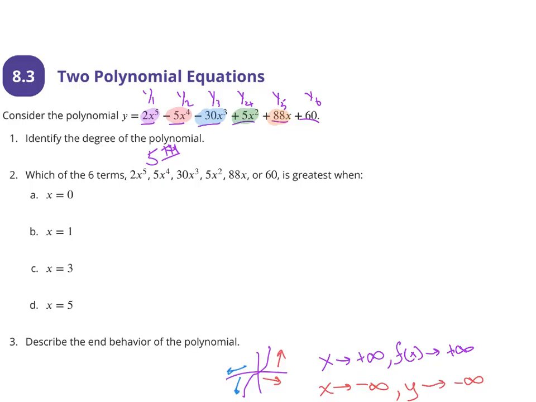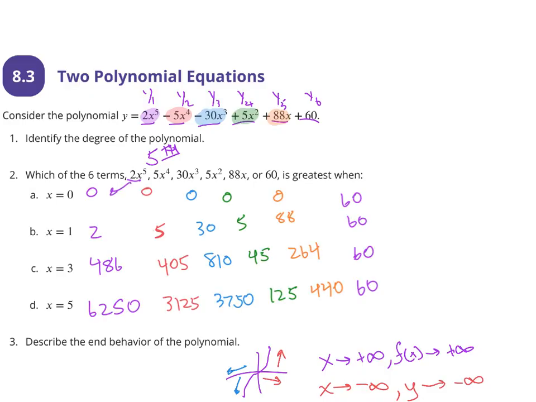Okay, so we put the numbers in. Remember, 2x to the 5th is purple, 5x to the 4th is red, 30x cubed is blue, 5x squared is green, and 88x is orange. And so as you go down the list, as x gets further away, we can see that x to the 5th gets larger than any of the other numbers.